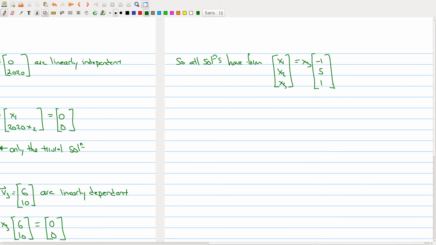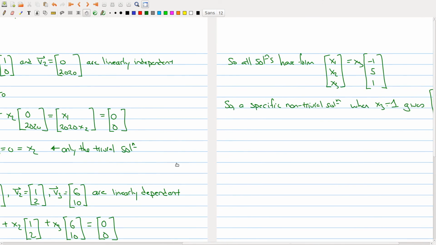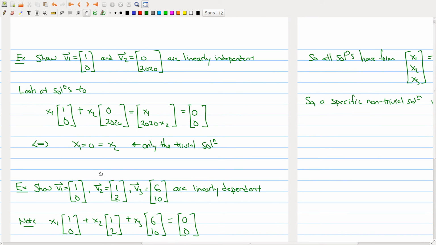If we're looking for any specific non-trivial solution, we can pick any value of x3 that we want. So a specific non-trivial solution when x3 is 1 gives (-1, 5, 1). Going back to the question here, we had to show that these vectors are linearly dependent, so we needed to find a non-trivial solution to this equation.